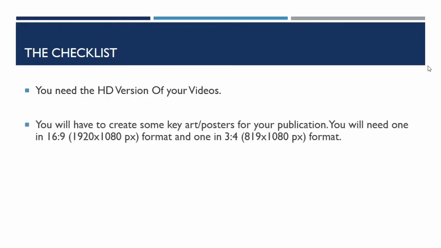The second thing is that you will have to create some key art or posters, background images, practically promotional images for your publication, for your videos that you will publish on Amazon Video Direct. So you will need one in a 16:9 format. You have the pixels there if you do not know exactly what that ratio looks like, and one in 3:4 format.